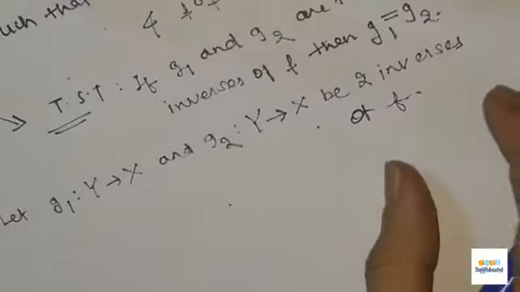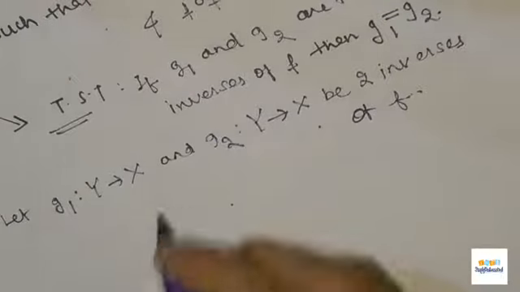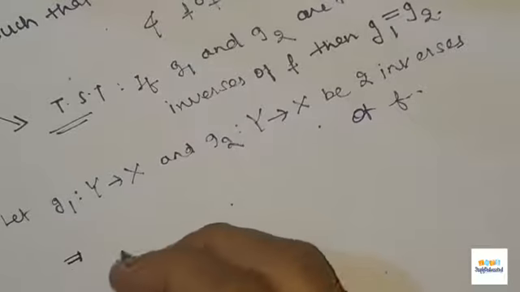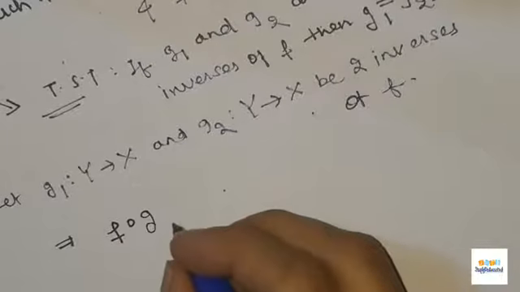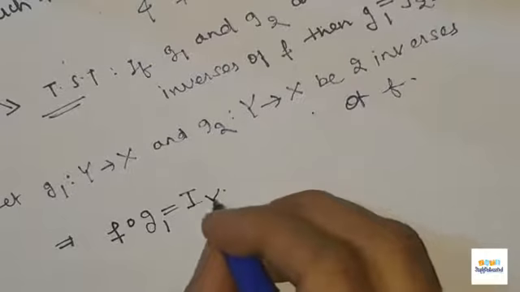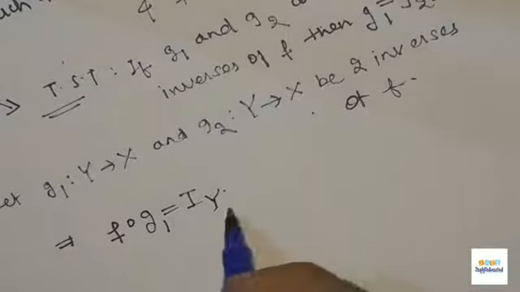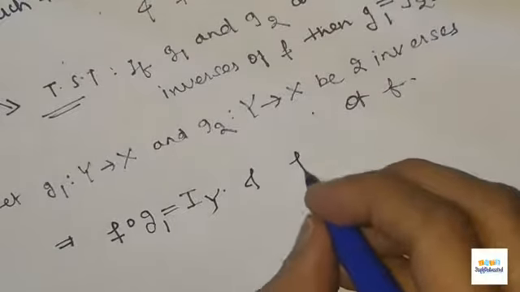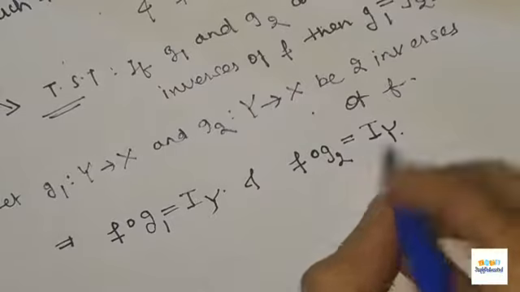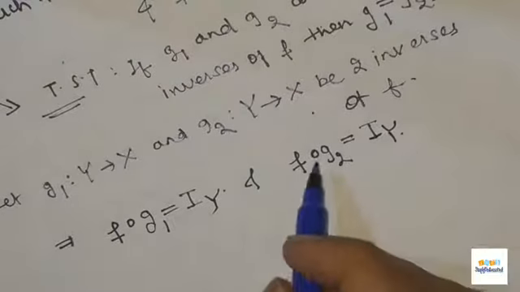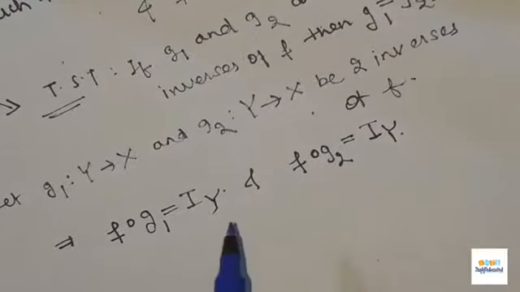So this is the first step. Now this means f composition g1 is equal to I suffix Y, the domain of g1, and also from here what you get, f composition g2 is I suffix again Y, because Y is again the domain of g2 also.